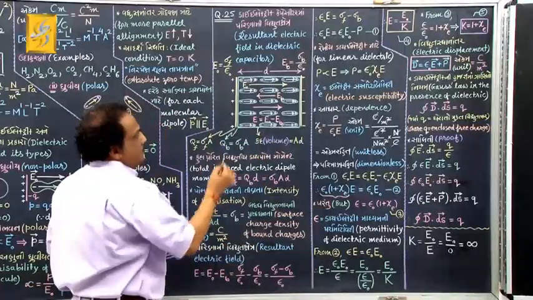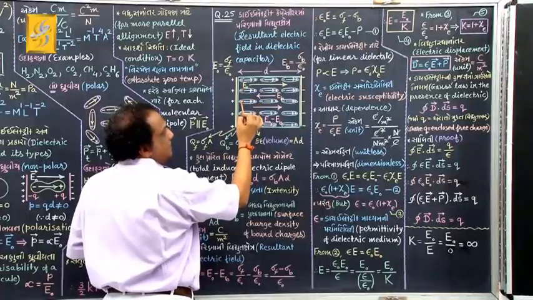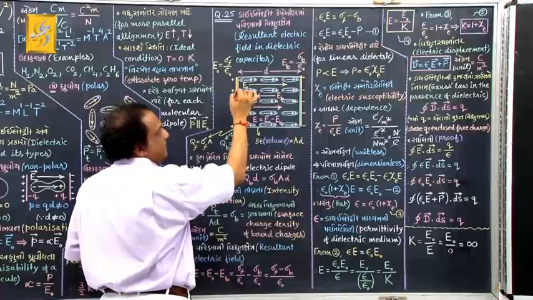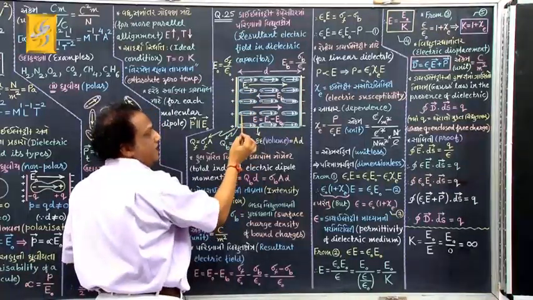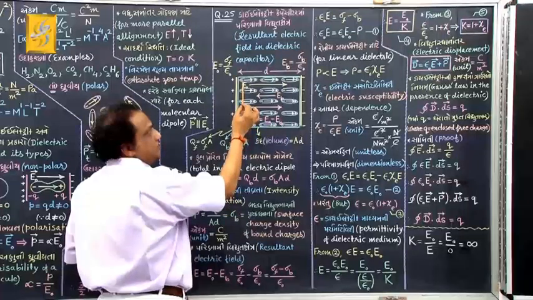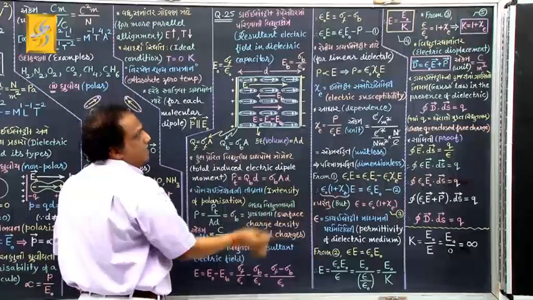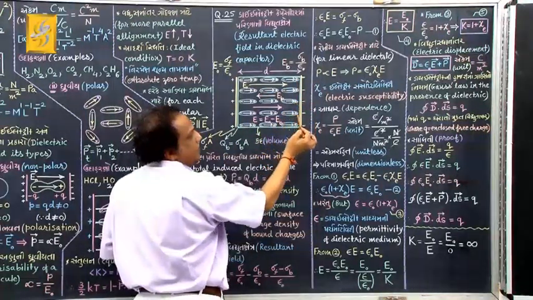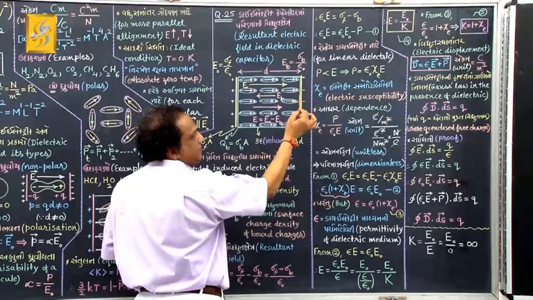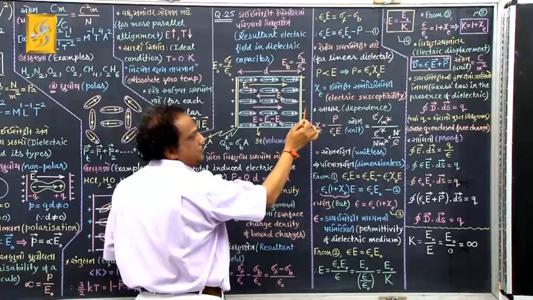Now, in this condition, you can see the charges deposited on this left face of the dielectric medium. They are all negative, which is the polarity opposite to this positive charge, correct? And here, the polarity of charge accumulated on this face of the dielectric medium is opposite to the polarity of this negative charge.